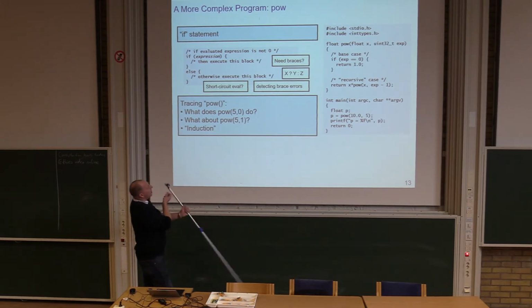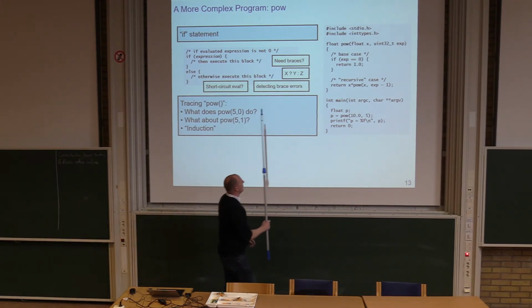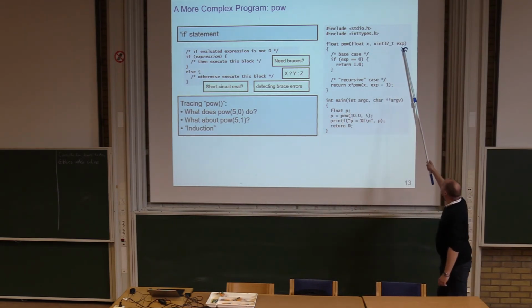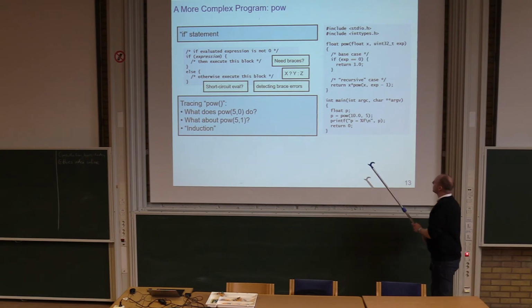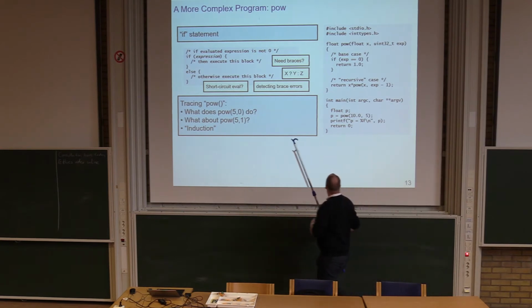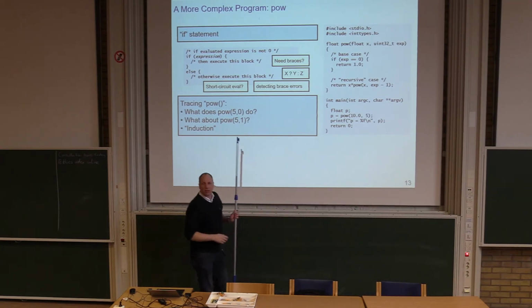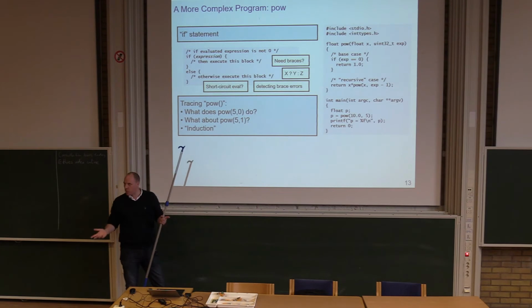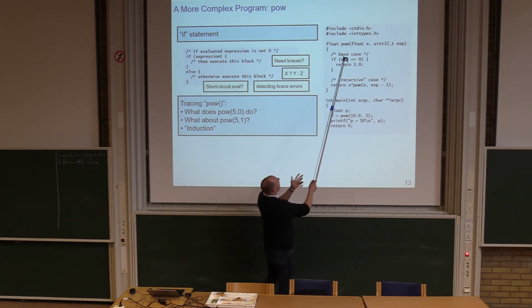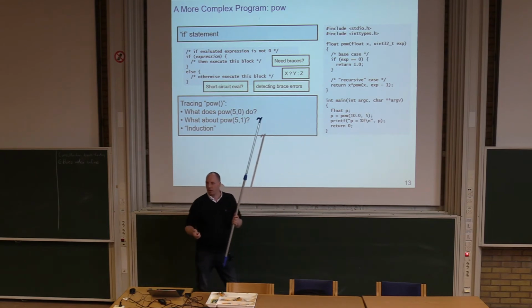We were talking about a way to compute x raised to exp. So, for example, if you wanted to compute 10 to the power of 5, how can we do that? We can do that in different ways. And one way to do it is to have a function called pow that is defined recursively.